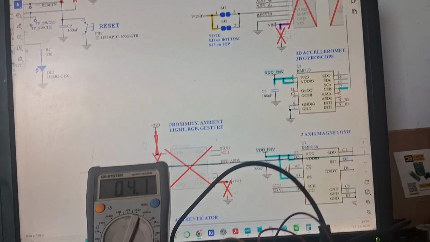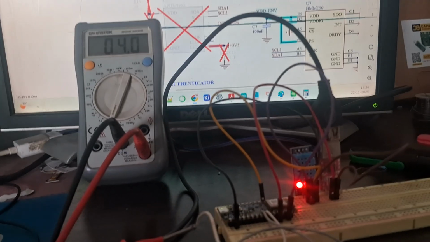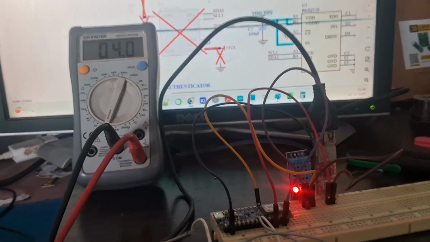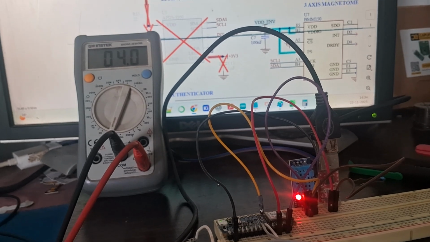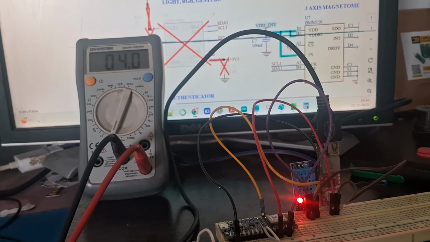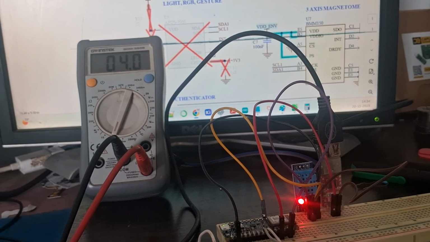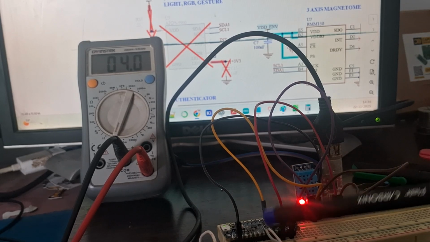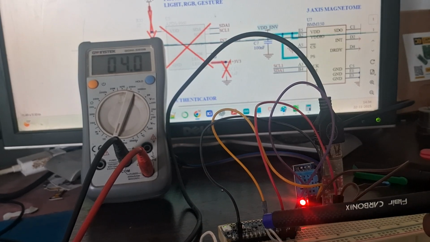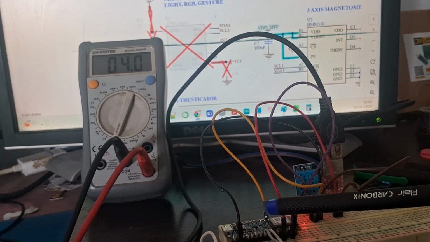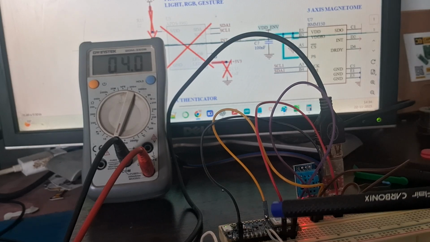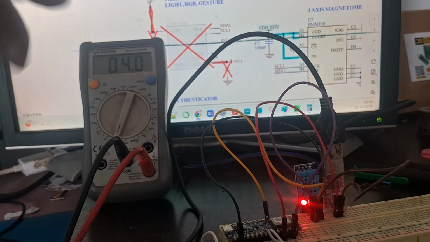These shorting jumper options are on the 5 volts of this particular VUSB, and we can connect a multimeter there to see how the current consumption is varying. For that, we soldered 2 wires on the pads of SJ5, which is on the top side of the board, and then we connected a multimeter.